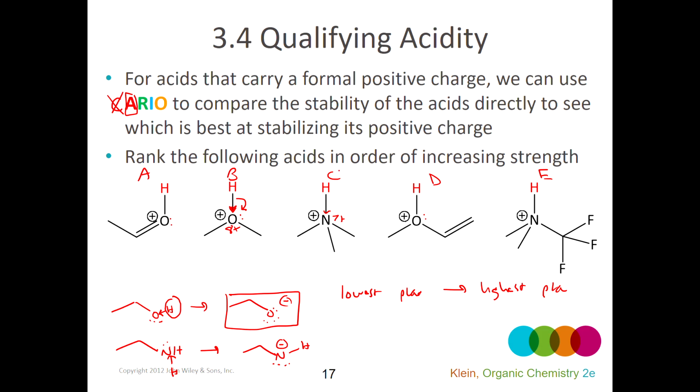So we still have to distinguish between them using the other letters of the acronym. So I know A, B, and D, I'm just going to put them here, will be on the lower end, and then C and E will be on the higher pKa end, right? These are weaker acids because they're less likely to have to give away a hydrogen if the positive isn't as unstable or if there aren't as many protons pulling electrons away from that hydrogen.